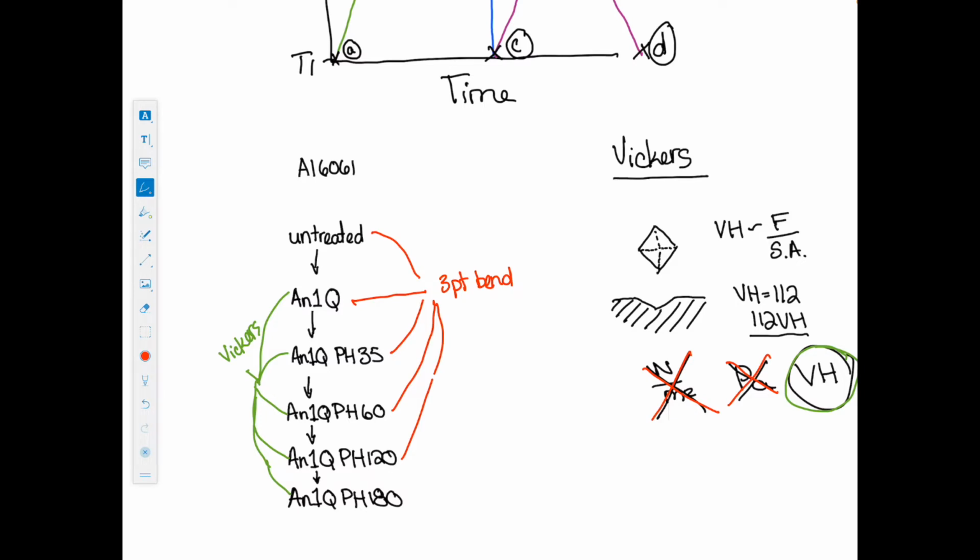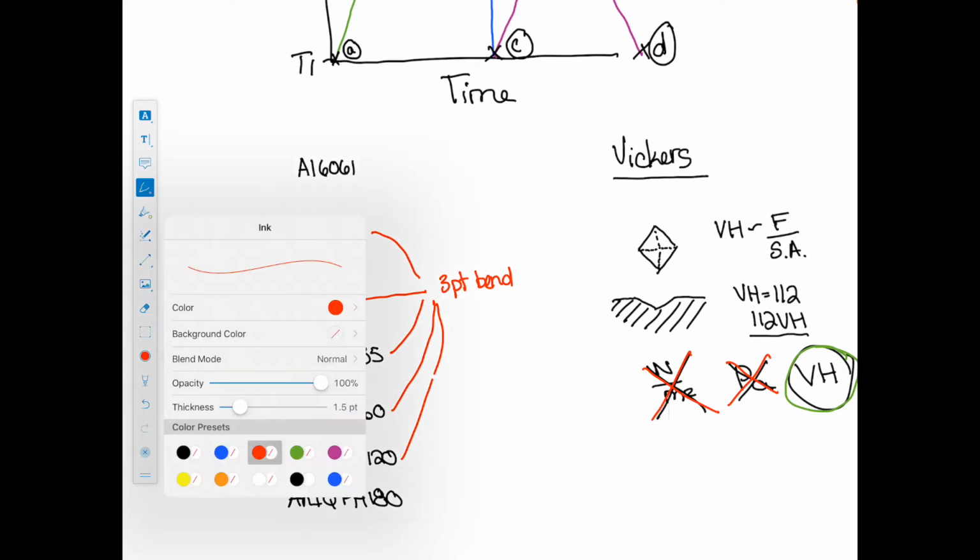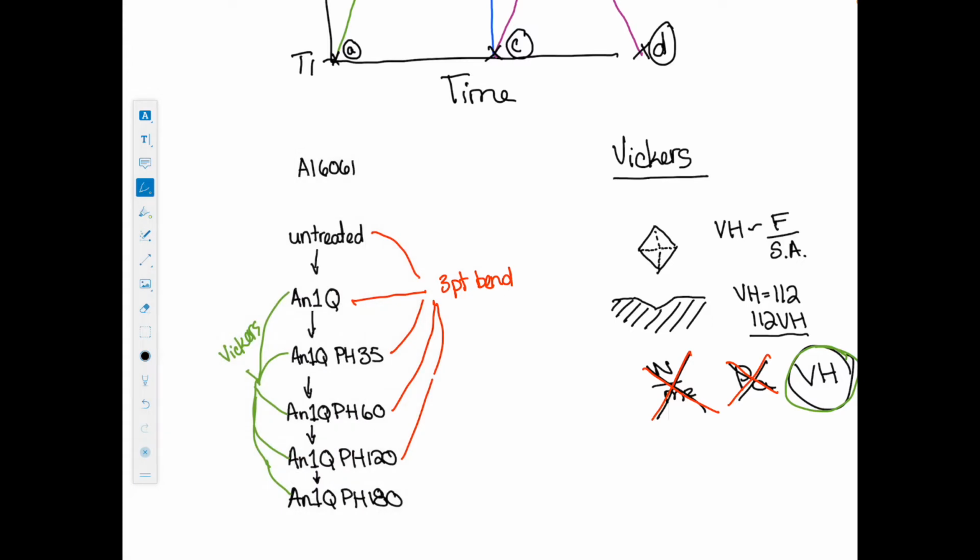So what you're gonna want to do is just make sure you have it labeled on your y-axis. So what I've done is, for each sample, I did 7 indentations. So what we want to look at is Vickers hardness versus aging.